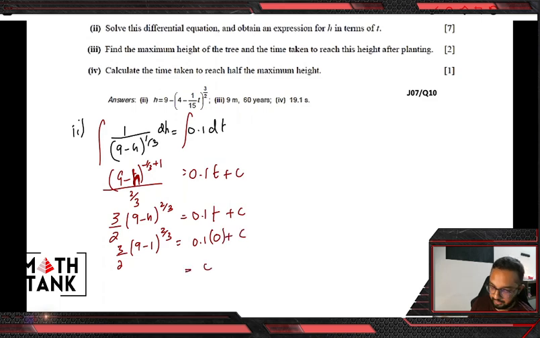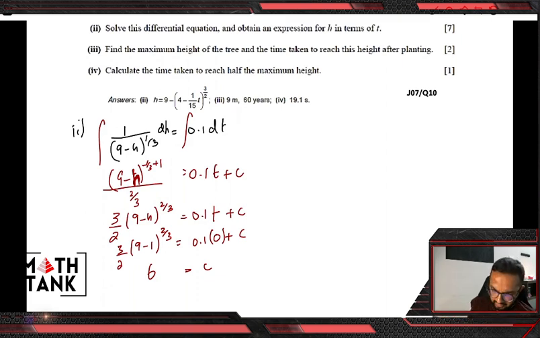c gives me 2 squared is 4 divided by 2 is 2, that's 6. I hope I'm doing that correctly. 8 to the power 2 divided by 3 into 3 divided by 2, yeah, 6. Let's see if we get the correct answer.